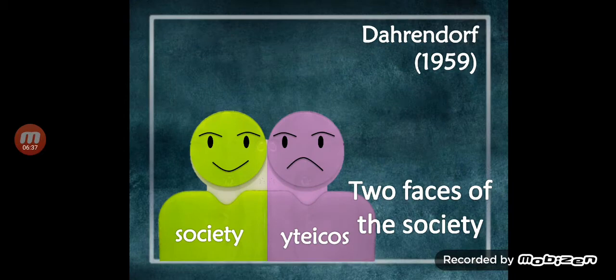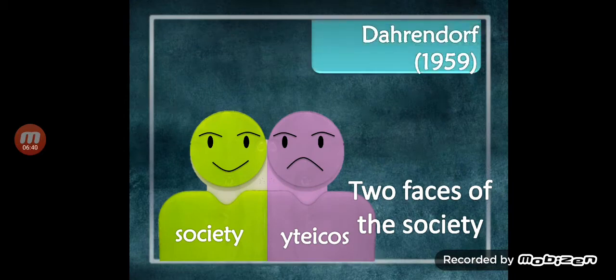Okay, now according to Dahrendorf in 1959, there are two phases of the society. Try to look at the picture. The word society is properly written. Therefore, there is consensus. While the other one is written in an inverted way, and look at the face, he is frowning. In that case, it is conflict.